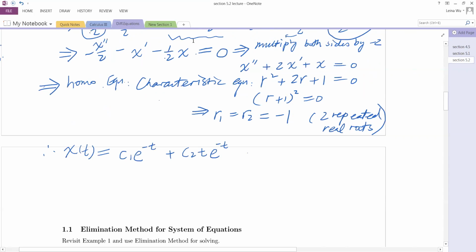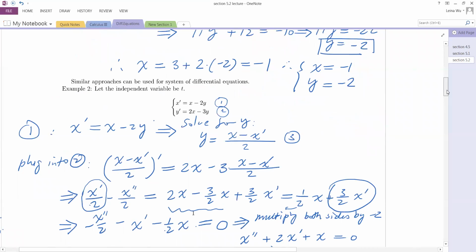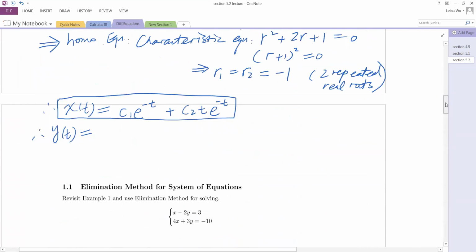Right? Okay, so that's x of t. Then similarly, I can have y of t, because y of t, according to what we did previously, is x minus x prime over 2. So that is x subtract its derivative and then divide by 2.